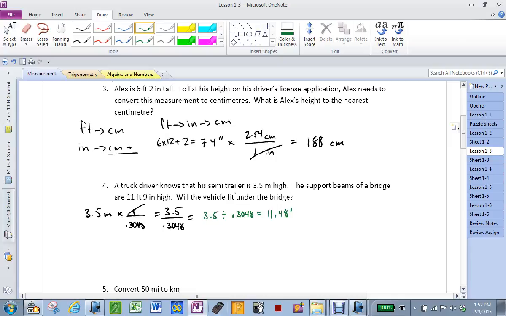How tall's the bridge? 11 feet 9 inches. There's 12 inches in a foot, sorry. The bridge is 11 and 9/12 of a foot. Can I compare decimals and fractions?